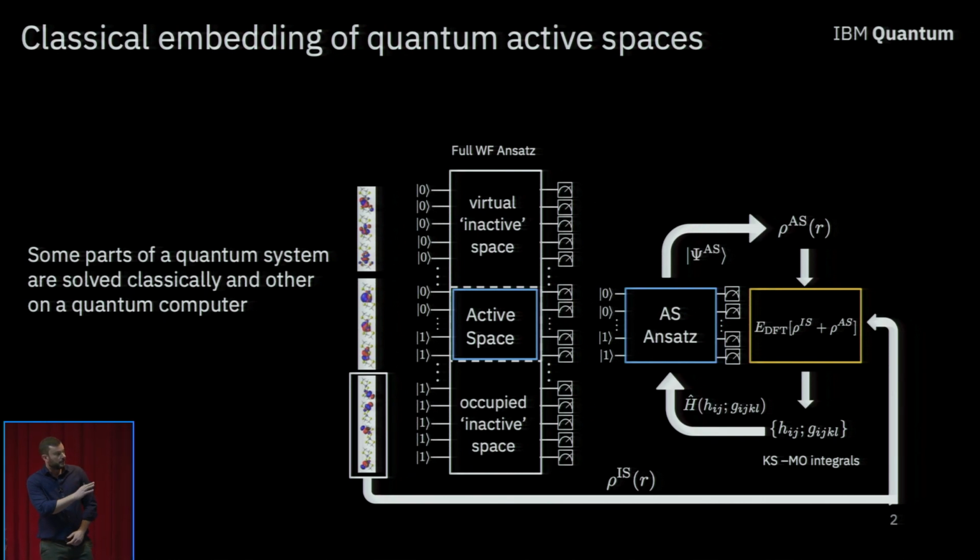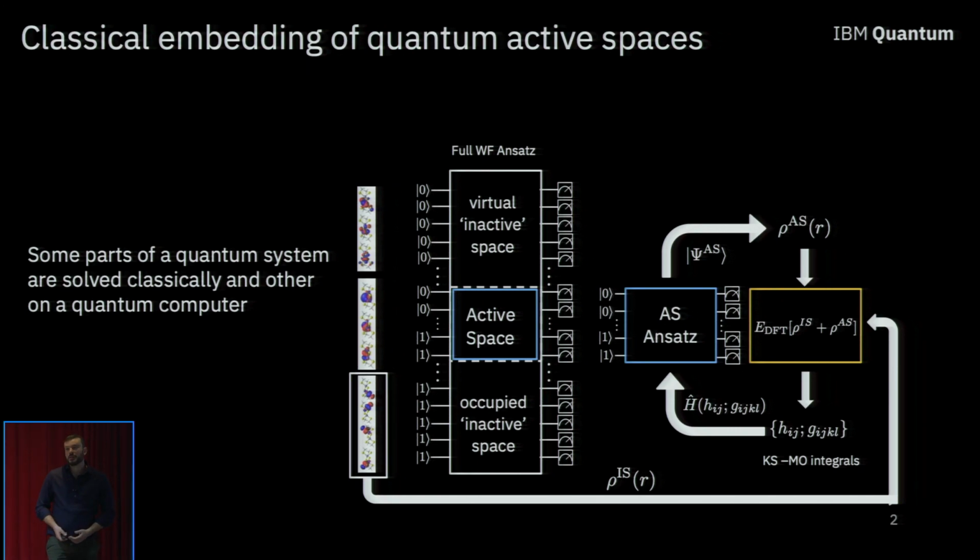So the idea here is that I have a big system, and through some classical method, I'm able to figure out which parts of this big system require more computational resources, and then treat whatever part of the big system is not in this active space with computationally less demanding classical methods, and then spend most of the computational resources to tackle the hard part of the problem, right?